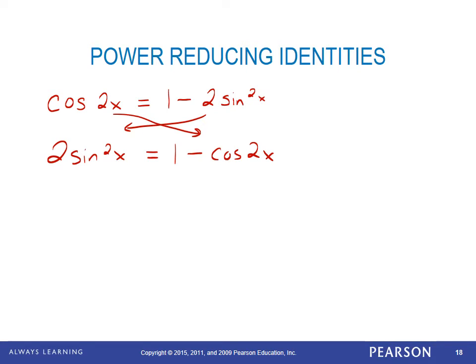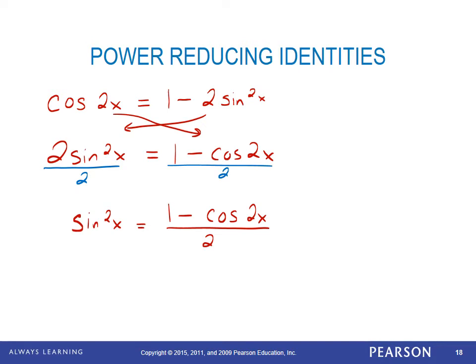All right, notice the one stayed exactly where it was, bringing the 2 sine squared x over, bringing the cosine 2x over. Let's divide by 2 everywhere, and we get this formula here. Sine squared x is equal to 1 minus cosine 2x over 2.